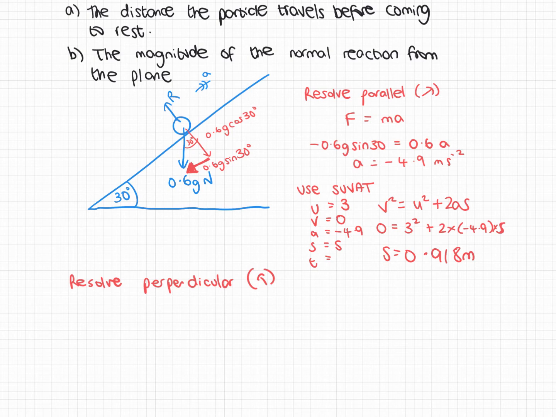So we can say that the acceleration is 0. So upwards force equals downward force, or R minus 0.6g cos 30 equals 0. I'm going to just say R must equal 0.6g cos 30, and if we just type that into our calculator, we get 5.09 newtons.